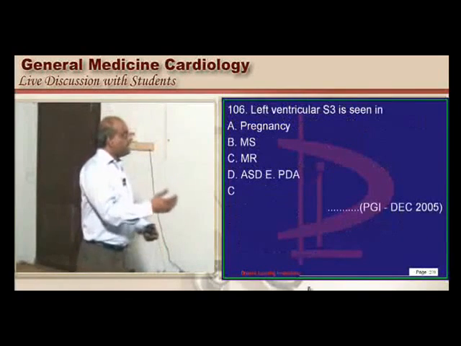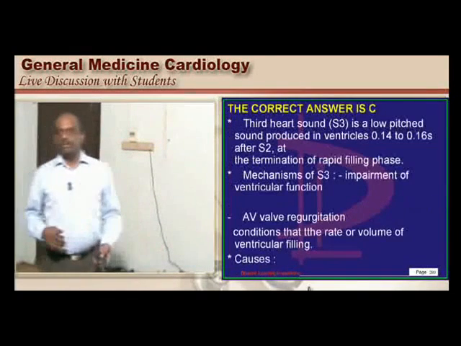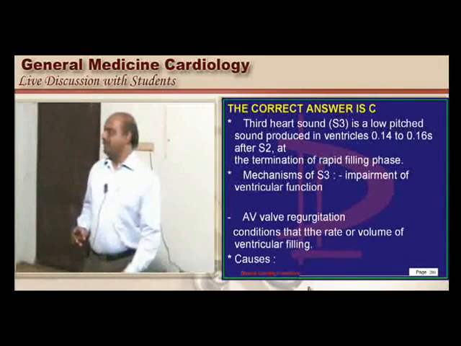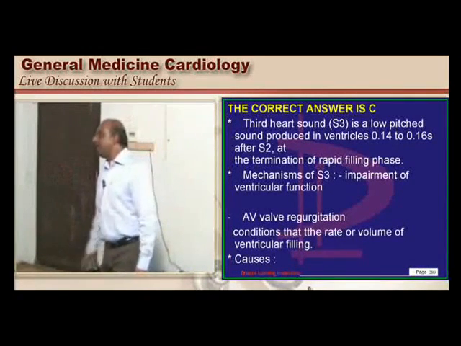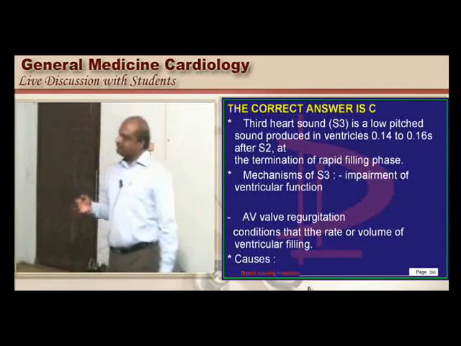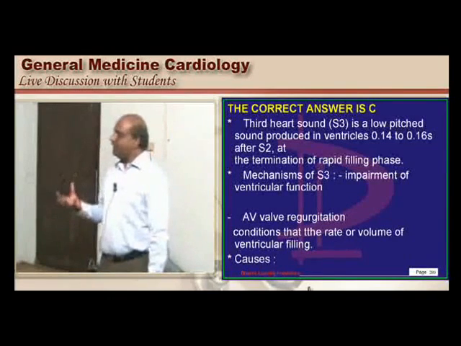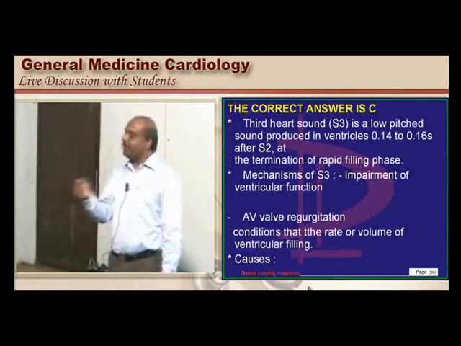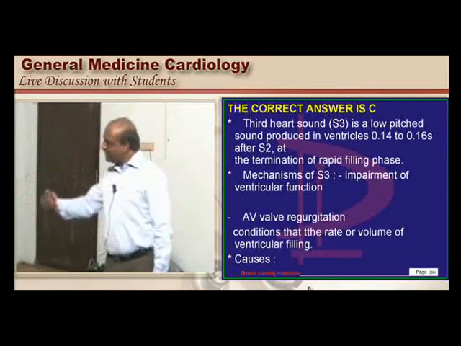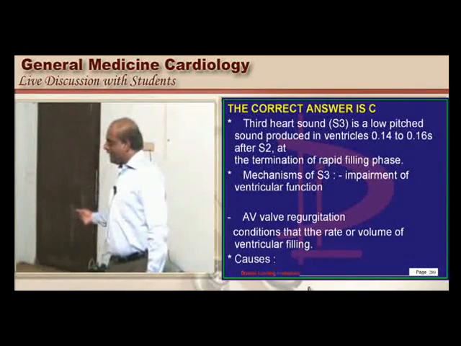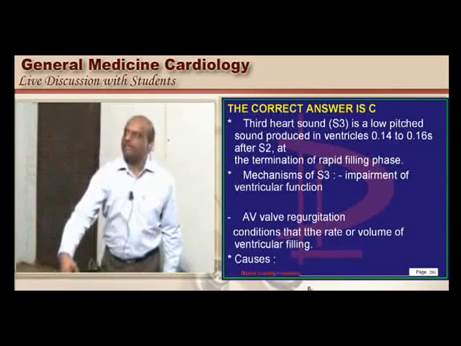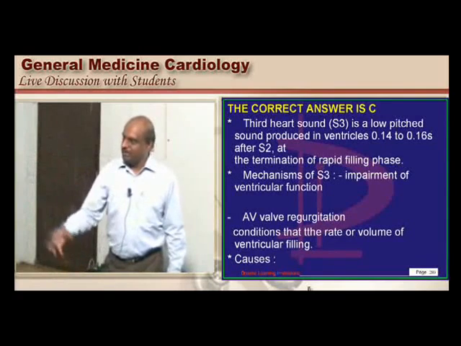Now left ventricular S3, where do you have it? MS purely doesn't lead to it. If there is an associated MR, then why will associated MR lead to S3? MR means what is happening? When the left ventricle is contracting, it is expected to contract into the aorta, but MR will cause regurgitation into the LA, the left atrium, and once more all that additional blood will come and fall back into the ventricle in the next diastole.